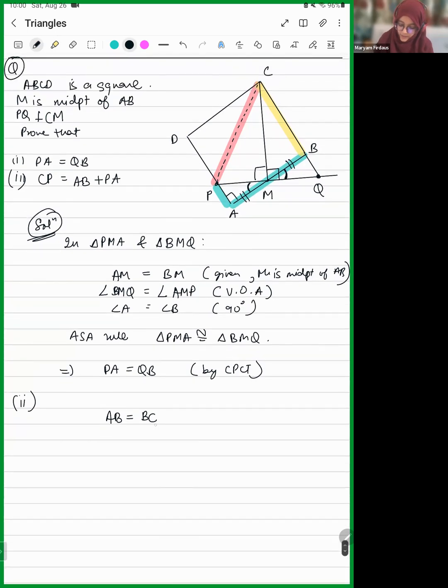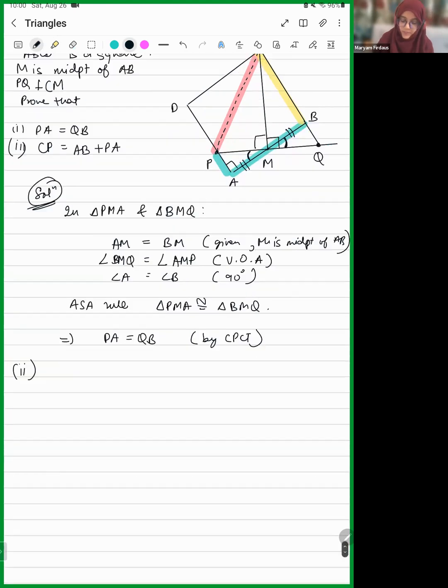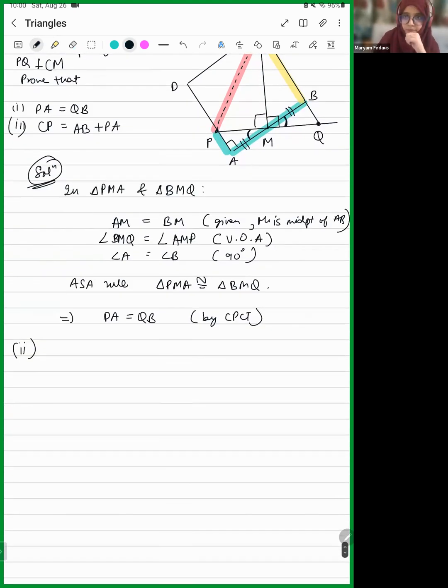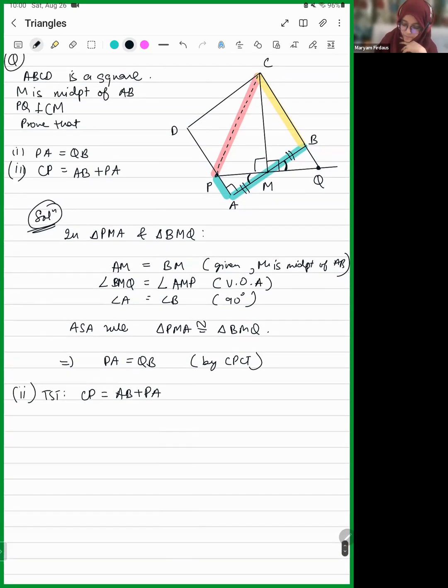AB is equal to BC because it is a square. So instead of showing that, what do we need to show? See, sometimes you need to go in reverse order. So you have CP is equal to AB plus PA. This is what you have to show. Now your AB can be written as BC, yes or no?